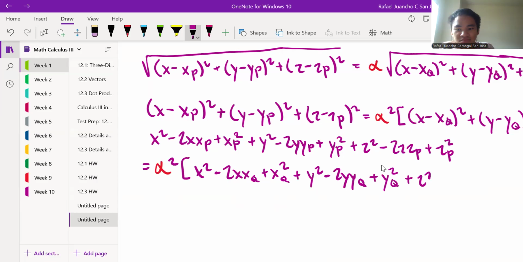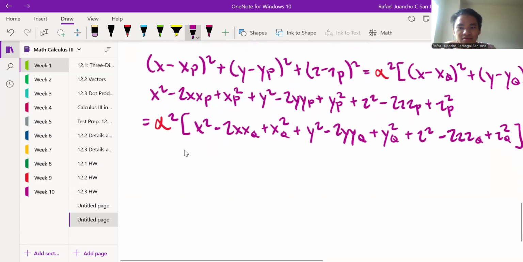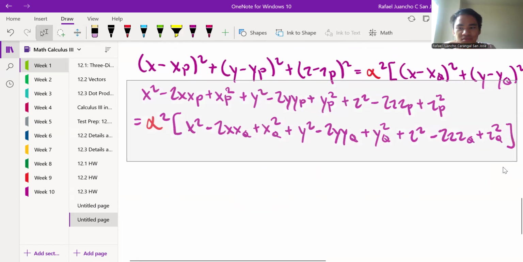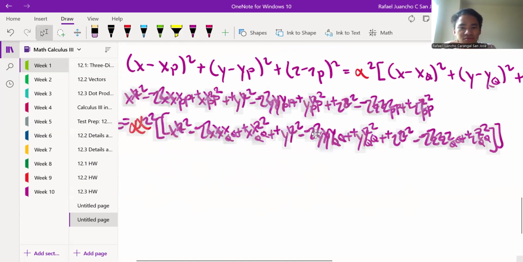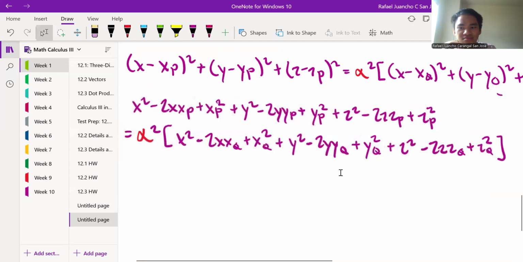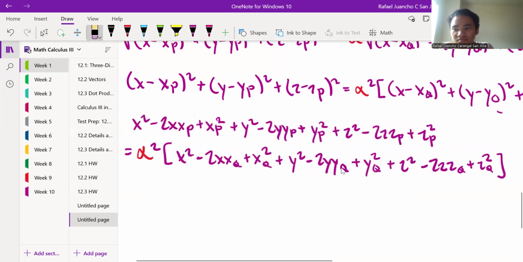And then we add the Z part: Z squared minus 2Z ZQ plus ZQ squared. Right? So this whole thing right here, we basically expanded it.